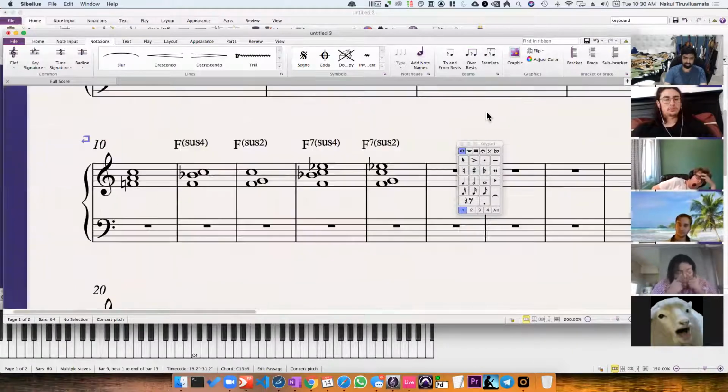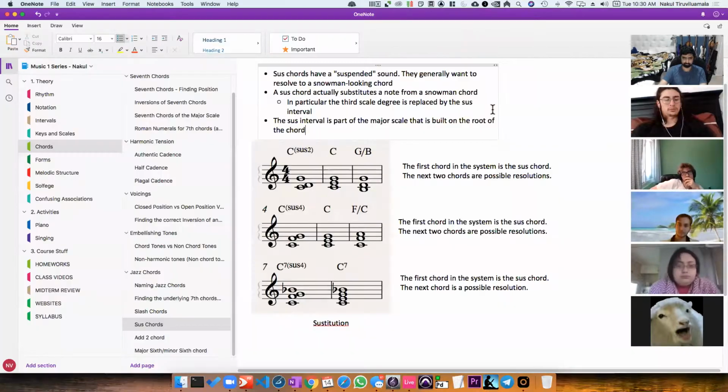So just to clarify, the idea of sus chords is that one note, the third in particular, is substituted by the interval defined by the sus chord, essentially the 2 or the sus4, right?